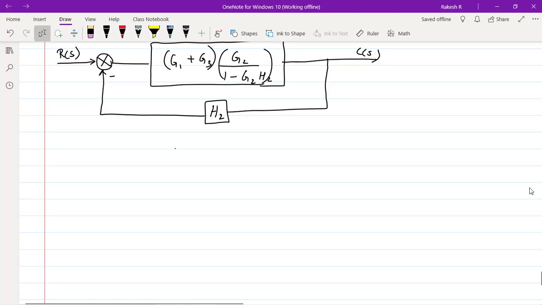So here this becomes G1 G2 plus G2 G3 whole divided by 1 minus G2 H2 here.